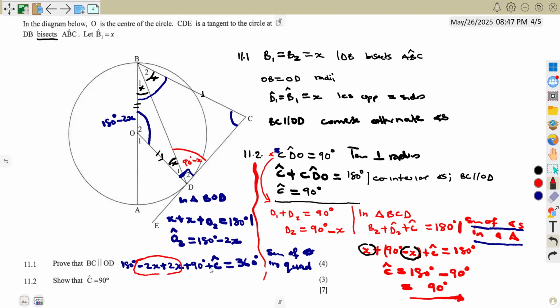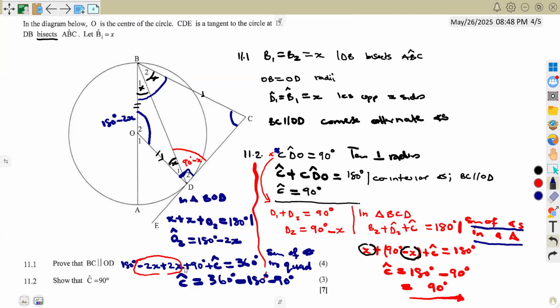Then we now have your angle C being equated to 360 degrees minus 180 degrees minus 90 degrees here, which is going to give 90 degrees.